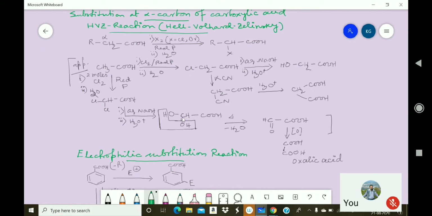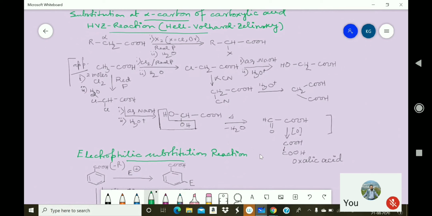Now this alpha carbon of the acid has two OH groups, from which one molecule of water is removed on heating to give this compound, where you can follow that the methyl group of acetic acid is converted to an aldehydic group, which can be oxidized to form the carboxylic acid. Therefore we can get oxalic acid from acetic acid.